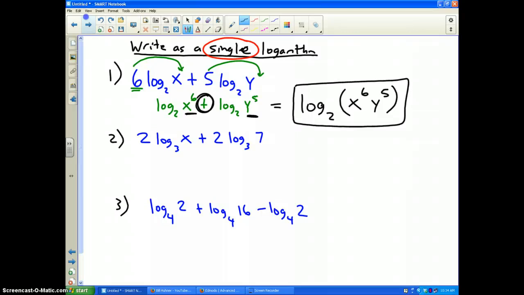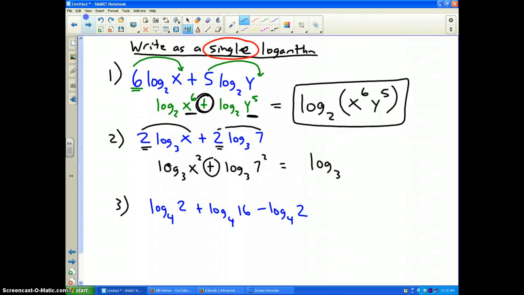Number 2. Again, I'm going to notice that there is stuff on the outside. Those become the powers. So this would become log base 3 of x squared plus log base 3 of 7 squared. It's add, so again I'm going to multiply the stuff on the inside.